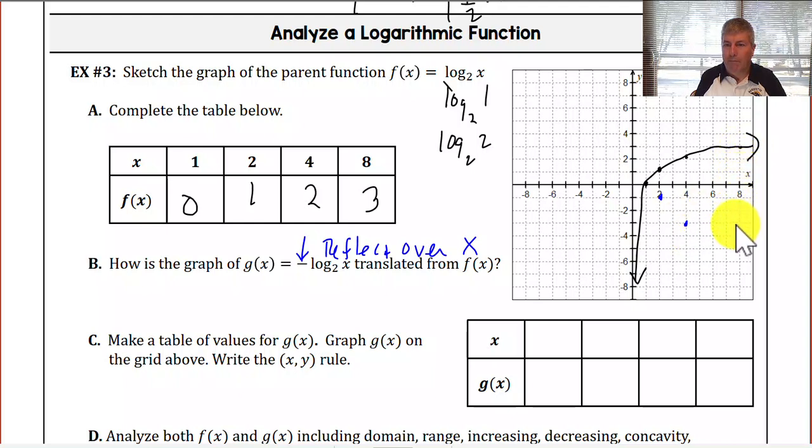I may have missed that one. Here we go. And so there is g of x that might be labeled underneath my picture there. So we'll put it down there.